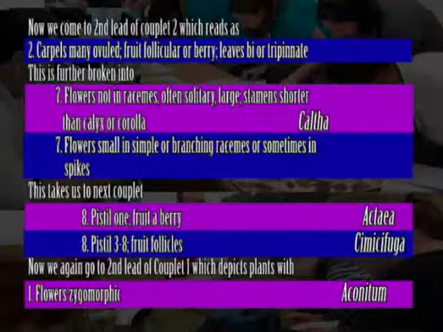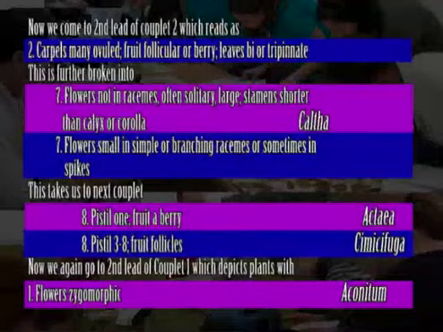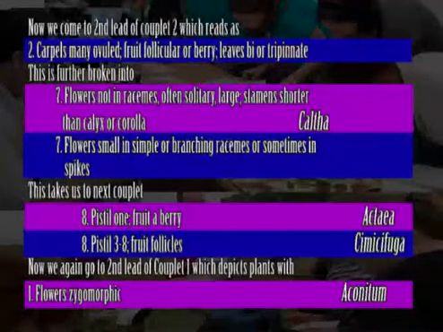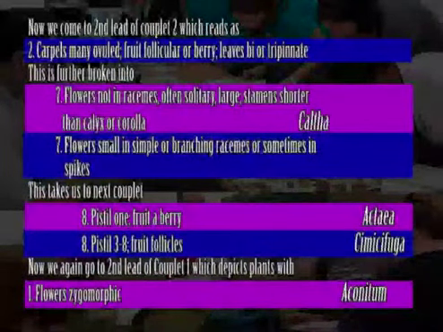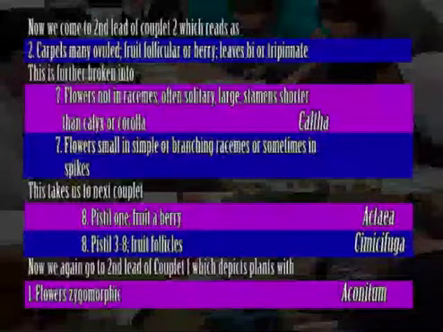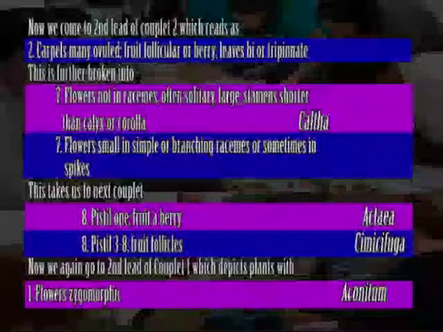Now, we come to the second lead of couplet 2 again, which groups plants with carpels many-ovuled, fruits follicular or berry, leaves bi- or tripinnate. This is further broken into two leads as flowers not in racemes, often solitary, large, stamens shorter than calyx or corolla, which signifies the characters of Caltha, and the second lead of the seventh couplet is flowers small in simple or branching racemes or sometimes in spikes.